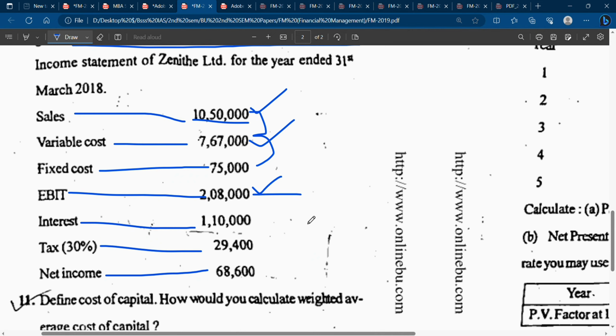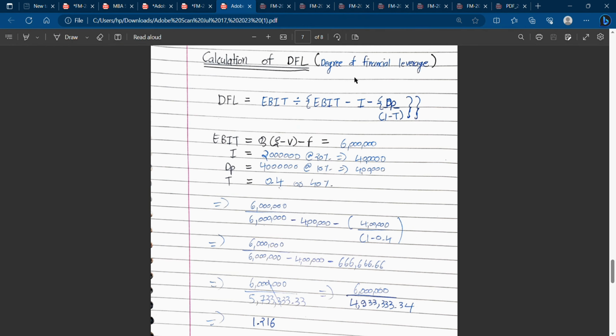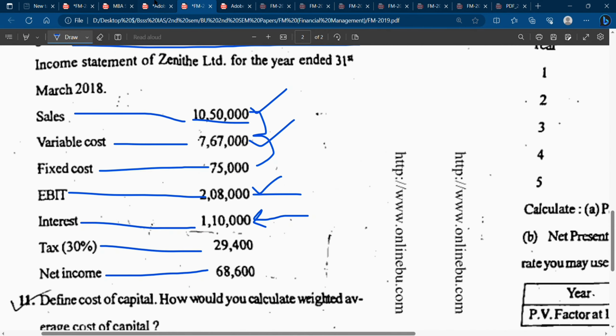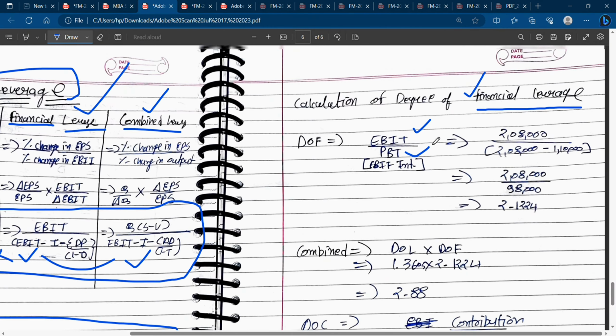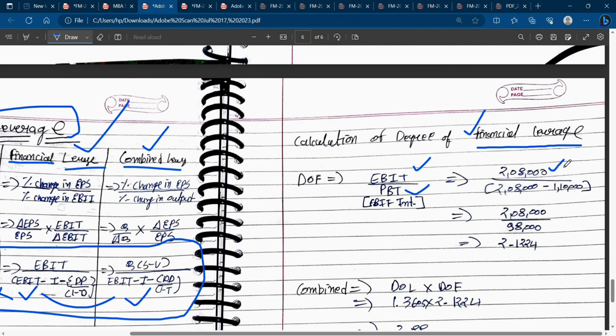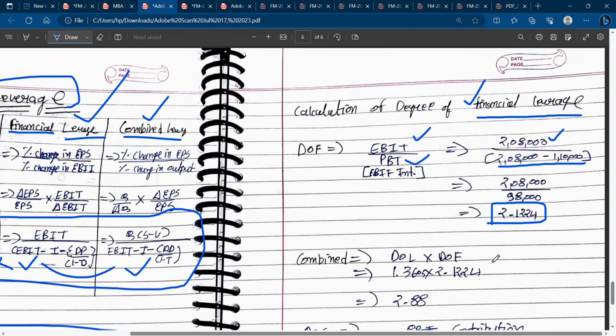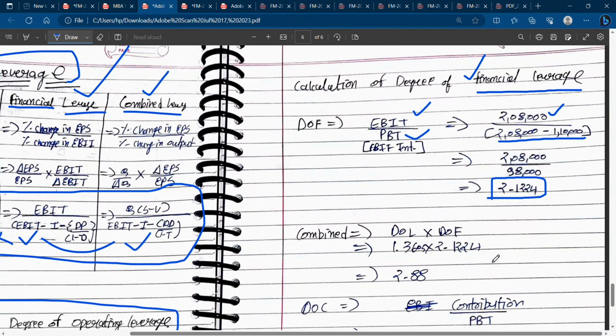We subtract the interest of 98,000 from EBIT, and we get our profit before tax. So our financial leverage is 2.1224. If the financial leverage is double the 1, it is excellent. Greater than 1 means good.